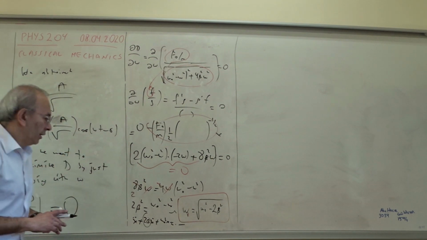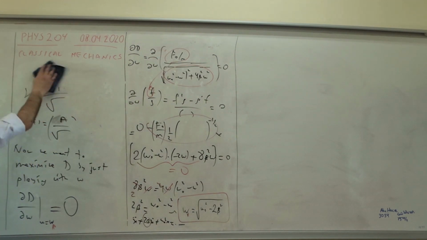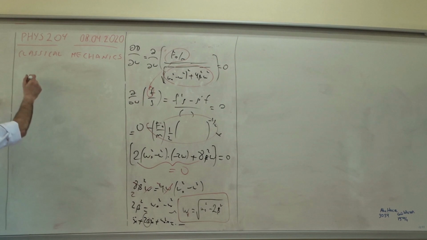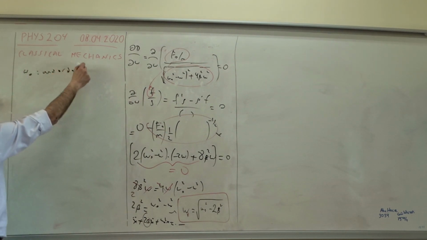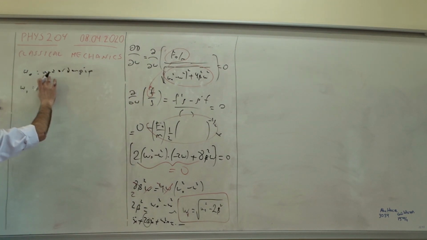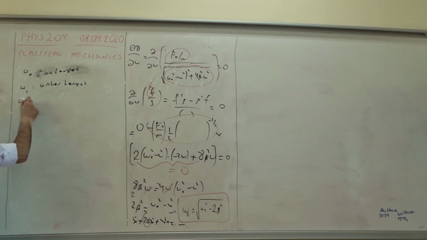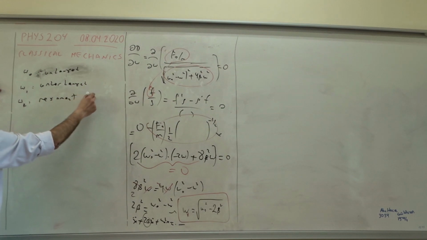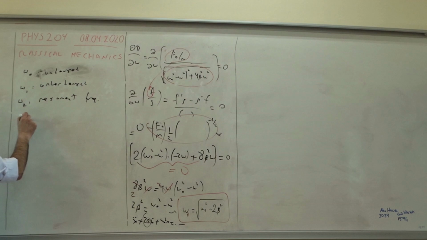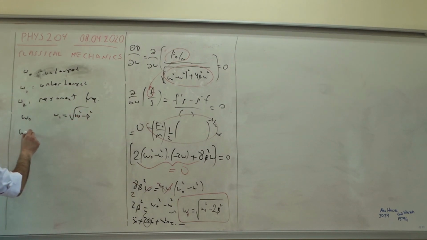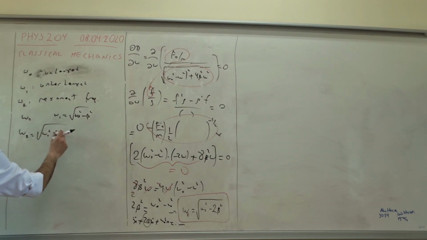If you put them in order, you have 3 frequencies, for instance. ω0, ω1 under damping, and ωr, the resonant frequency. ω0 is the frequency for the undamped case. ω1 is the frequency under damping, and ωr is the resonant frequency. ω0 was just ω0. ω1 was, remember, the square root of ω0² − β², and ωr is now the square root of ω0² − 2β².